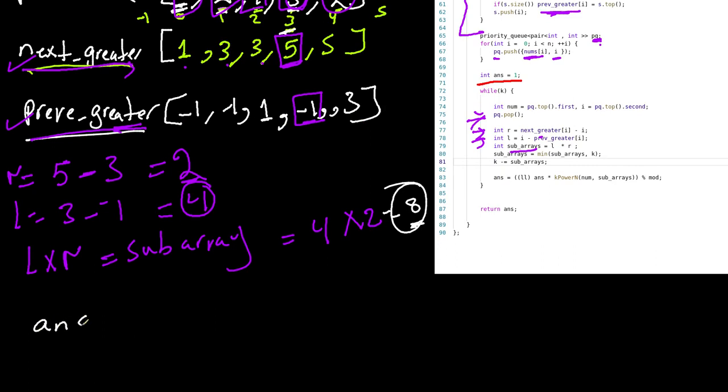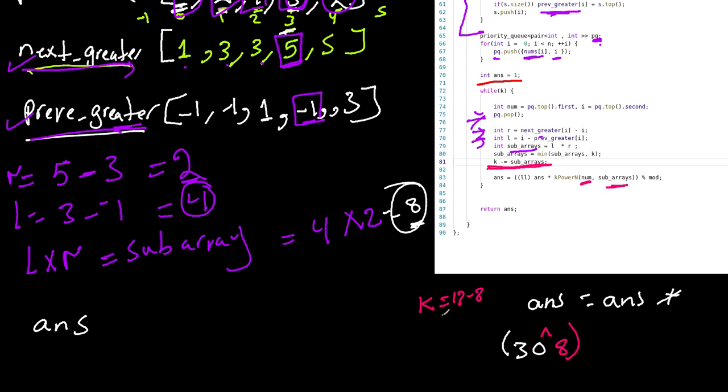So let's put answer here, equal answer multiplied by 30, the original number, to the power 8, 30 to the power 8. Then we subtract 8 from k, so k now equal 13 minus 8, and this is 5.